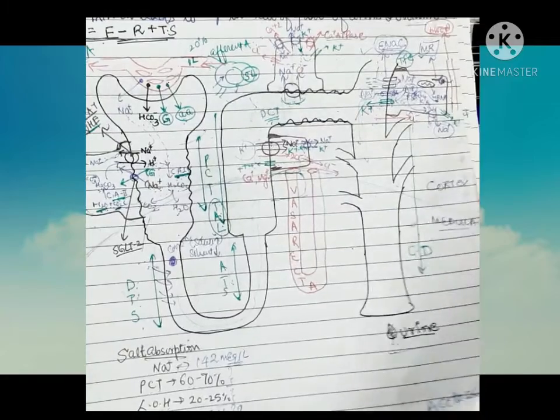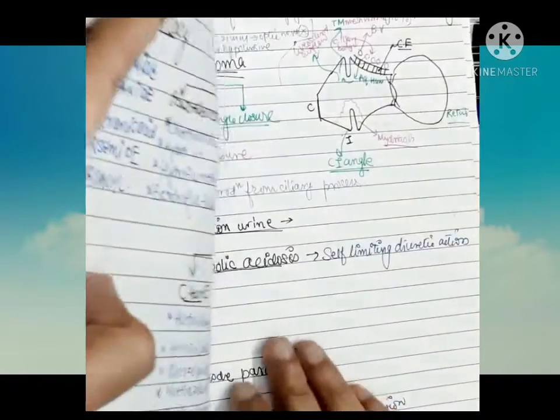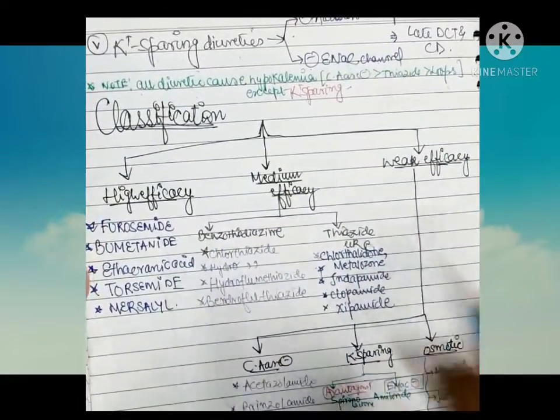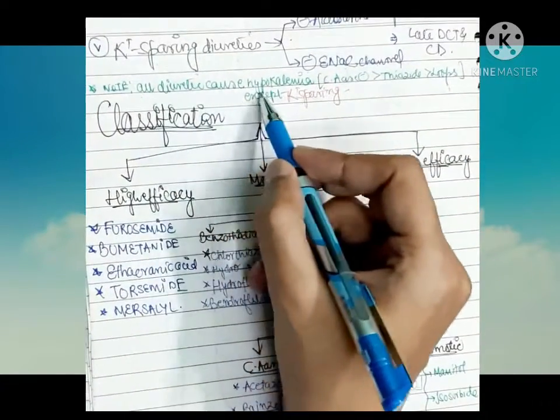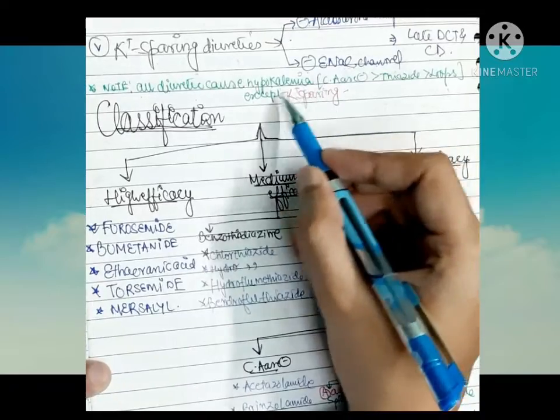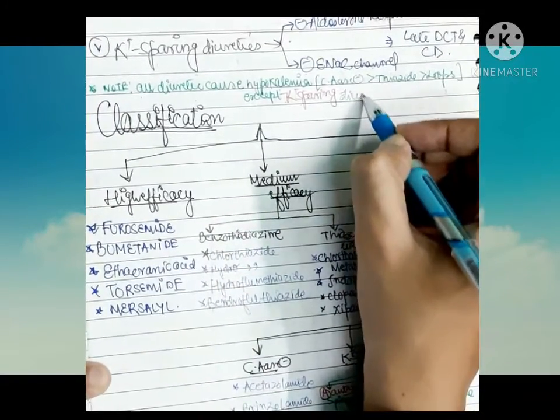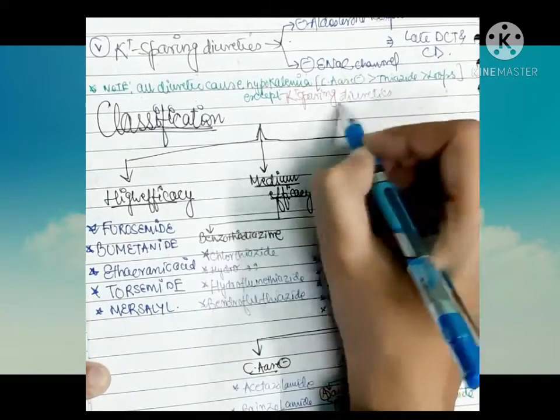Okay, this is the note which I want to make you understand. Here it is written: note, all diuretics cause hypokalemia except potassium sparing diuretics.